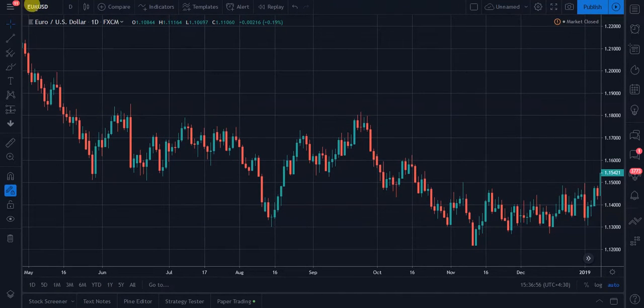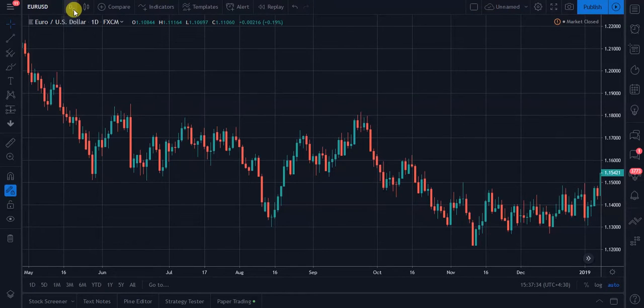Okay, we are in the EUR/USD currency pair, and the time frame is daily. So I suggest you first try to find the support and resistance in the daily time frame, because the daily time frame areas are very important and very good to understand, and also the best way to draw the support or resistance is in the daily time frame.